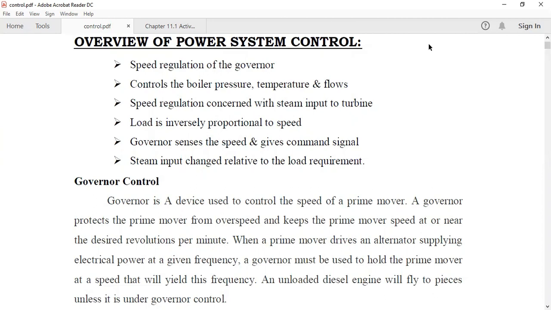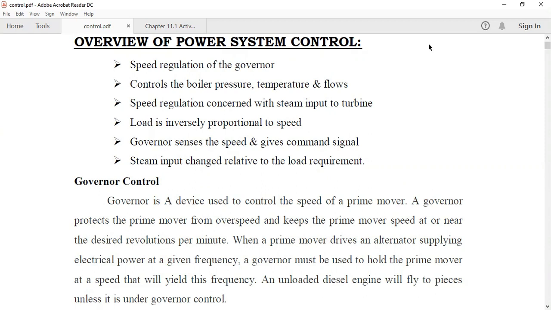Then in the generating stage itself, we have the control for boiler pressure, temperature and flows of the fuel. Speed regulation is concerned with the steam input to the turbine. So almost the first three controls come under the generation stage.